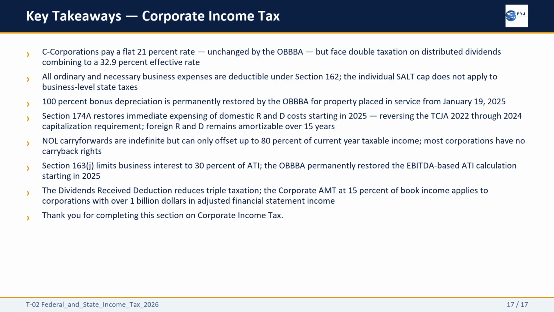The Section 163J business interest limitation uses a 30% of ATI cap, and the more generous EBITDA-based ATI calculation is permanently restored. The Dividends Received Deduction reduces corporate tax on intercompany dividends, and the corporate CAMT at 15% of book income applies to the very largest U.S. corporations. Thank you for completing this section on corporate income tax.